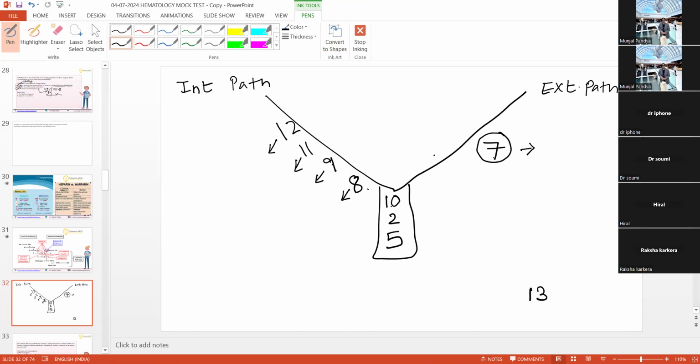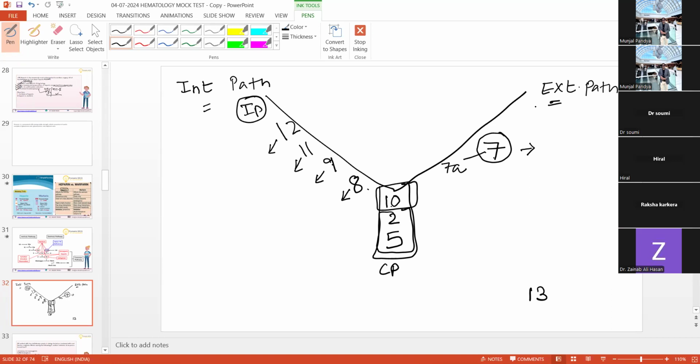So what happens basically when there is an internal injury or an external injury, there is activation of this pathway which God has given, right? In the extrinsic pathway, factor 7 converts to 7A, and 7A eventually activates factor 10 to 10A, and you need factor 2 and 5, right? This is called the common pathway. This is the intrinsic pathway, that is the extrinsic pathway, and this is the common pathway.